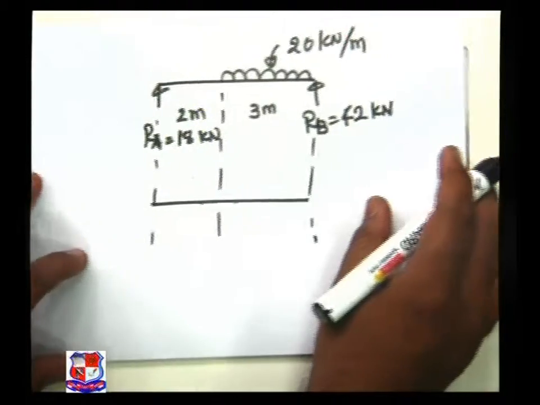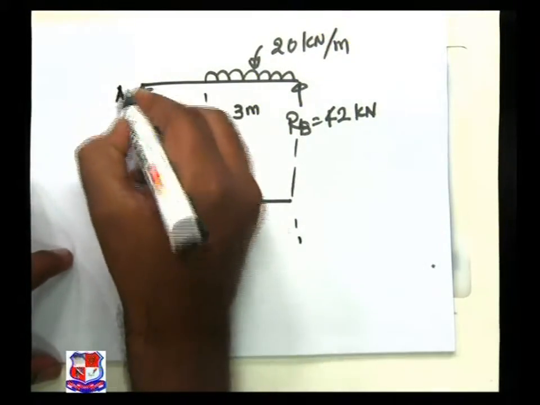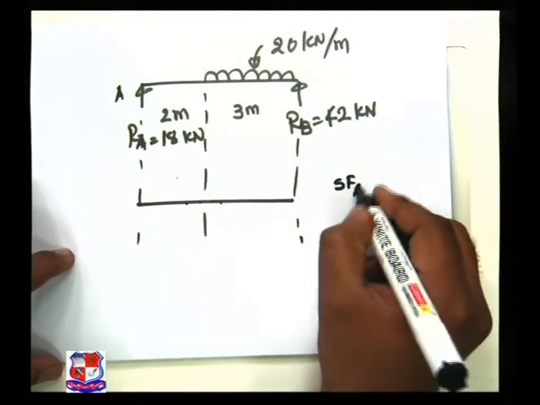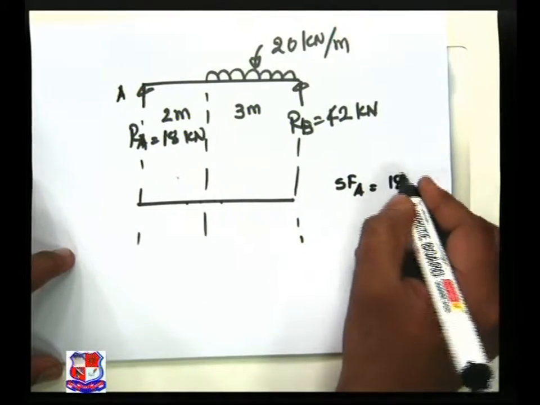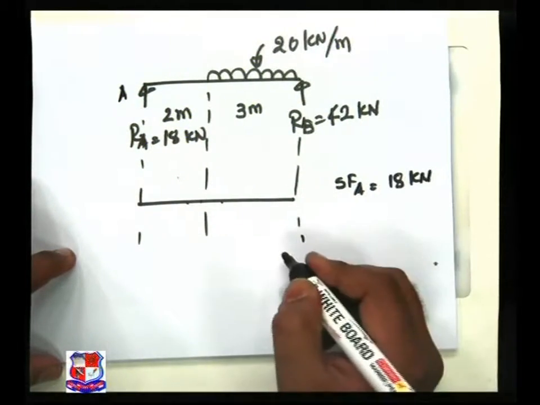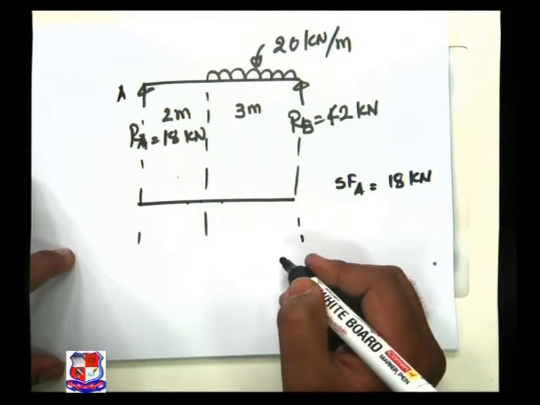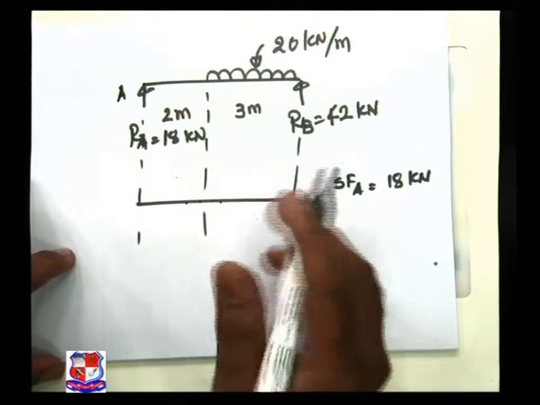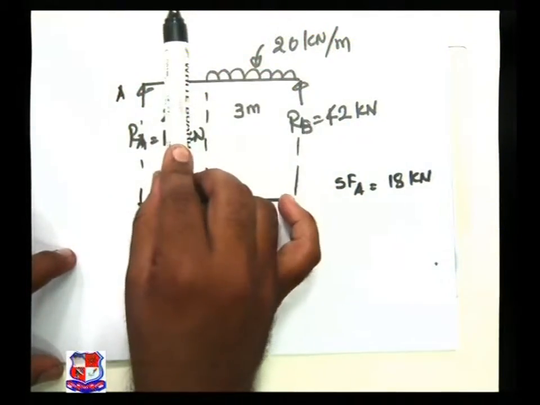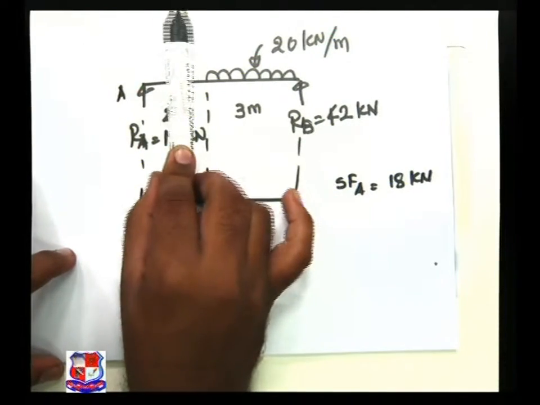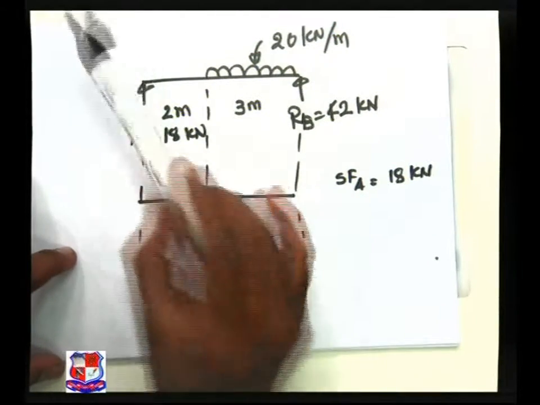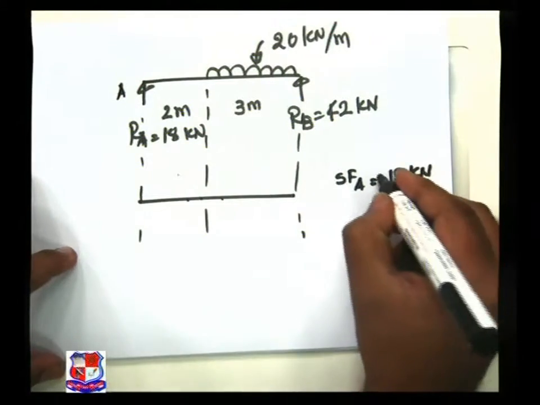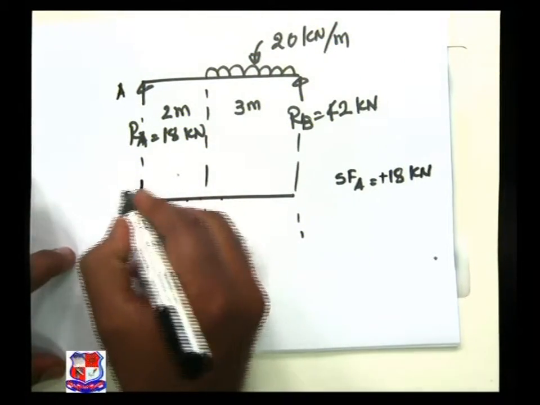So if I take A as a joint, shear force at A is 18 kilonewton. Sign convention is important, plus or minus. So if I take a section over here, section left upward is treated as positive, so this is 18.